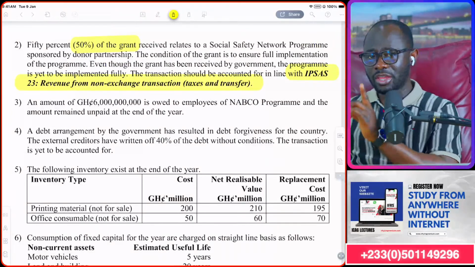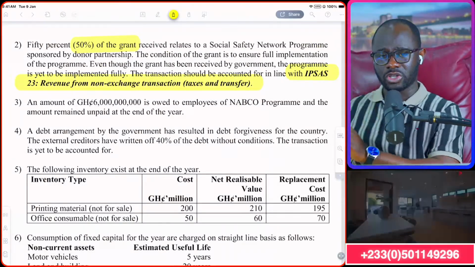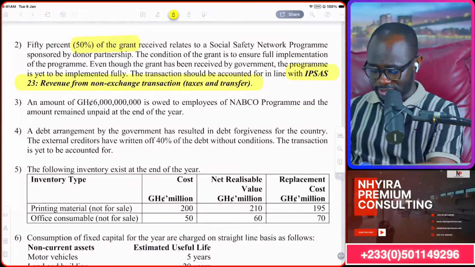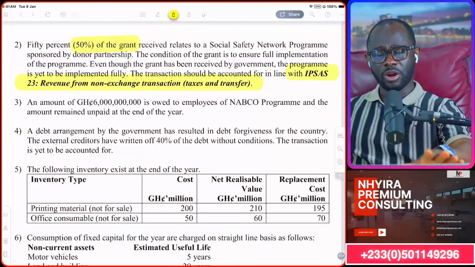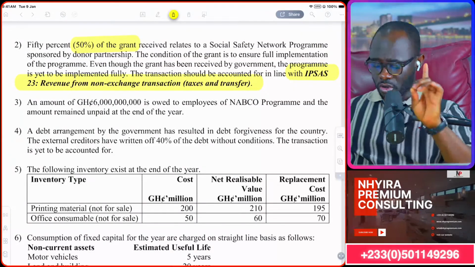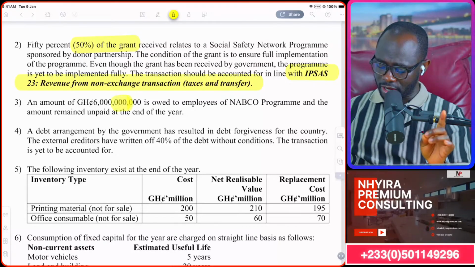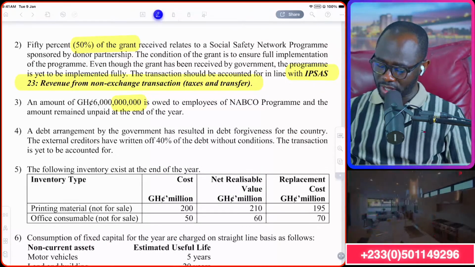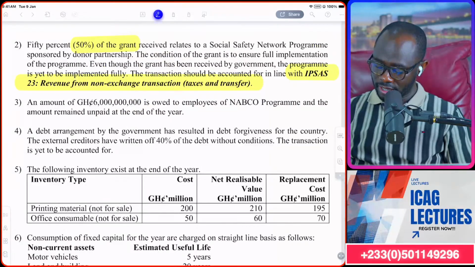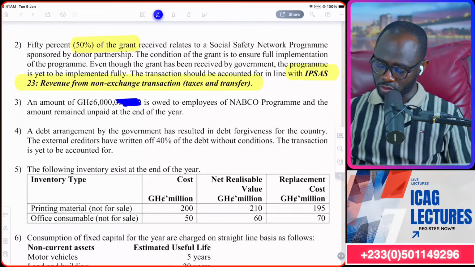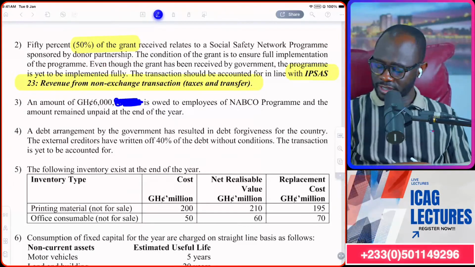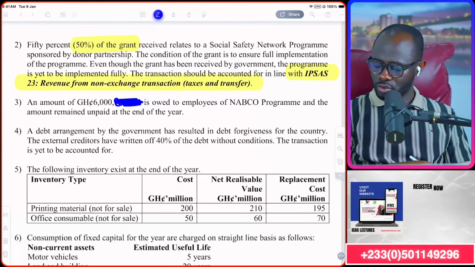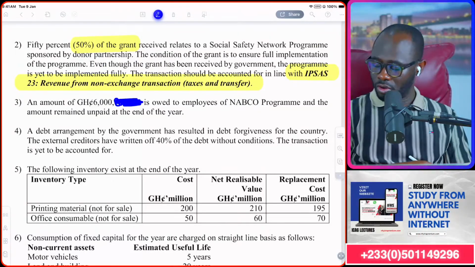That is something you have to be mindful of because sometimes students have problem with that. So we cancel 6 zeros out and pick only 6,000 because we are working in million up. So an amount of 6,000 is owed to employees of NAPCO program.